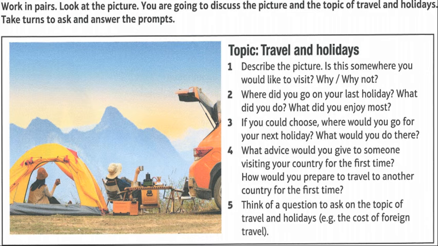Advice is giving someone useful help. So for example, something that they should do, something they should try, something they need to be aware of. Whether it's something like sorting out the money you need to take with you or the type of clothes that you would recommend that they wear. This is the sort of advice that you should tell them.